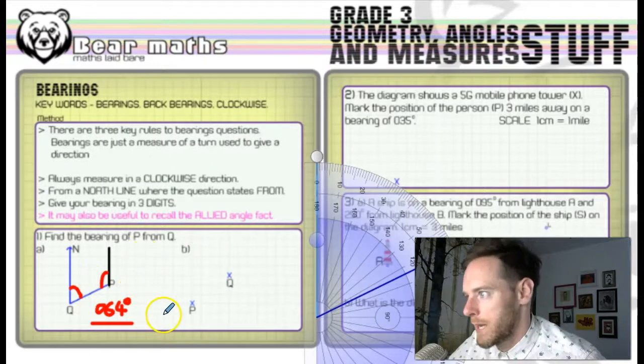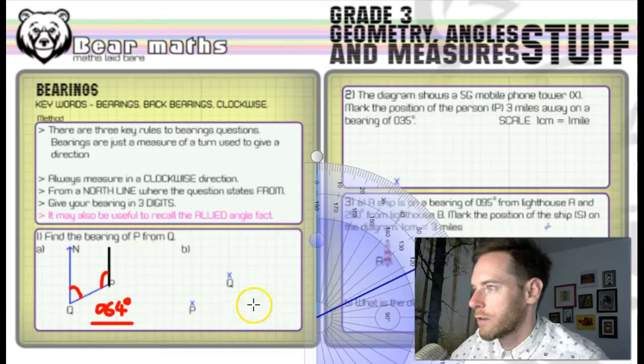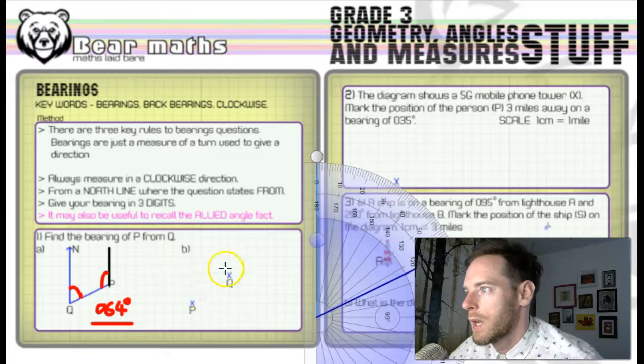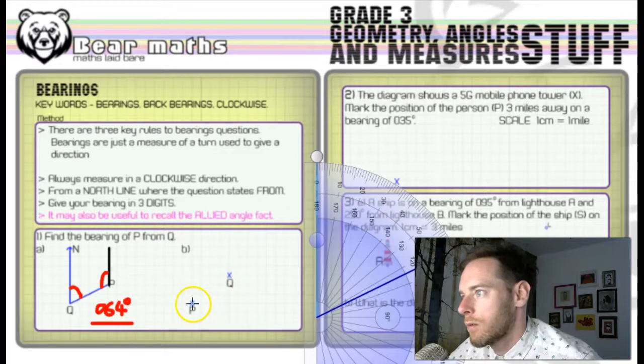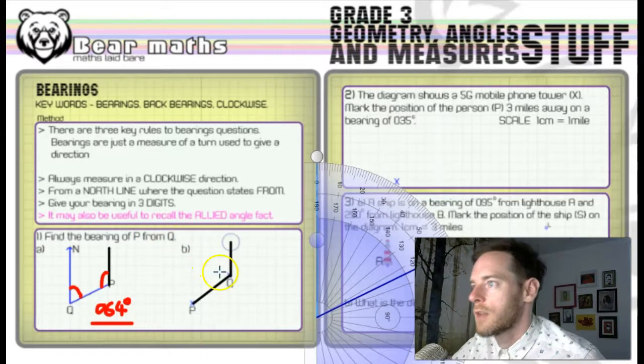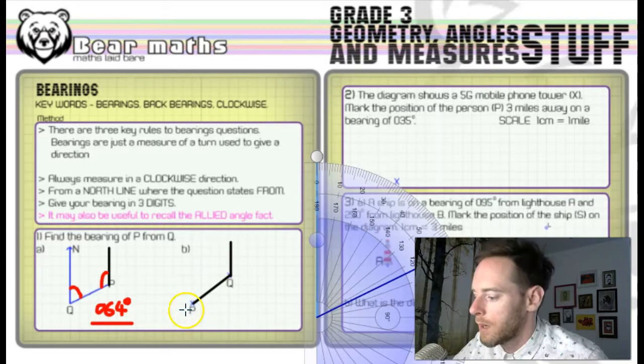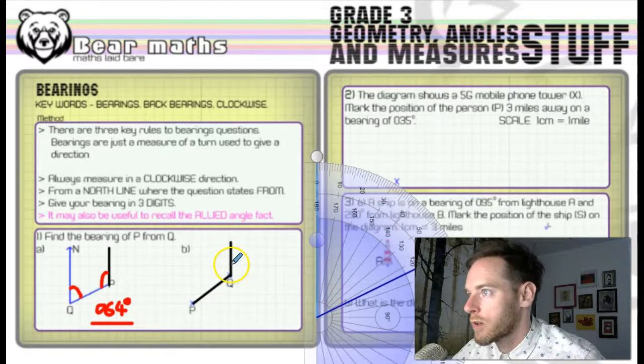Now I'm going to move on to B, and I'll show you a slightly different example where we're measuring bearing again. We've got P and Q here, so I'm just going to draw a line that joins P and Q together. You don't have to, but it helps you read off the protractor. And I'm going to draw a north line from Q, because again, this question is asking us to go from Q. Now we are measuring in a clockwise direction from the north line, so we're going all the way round here.